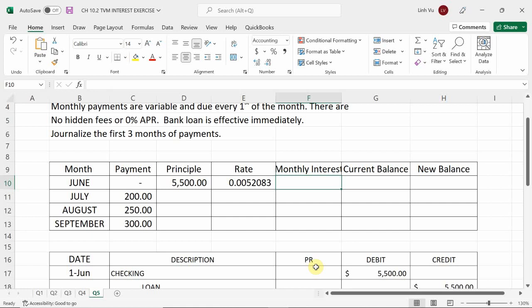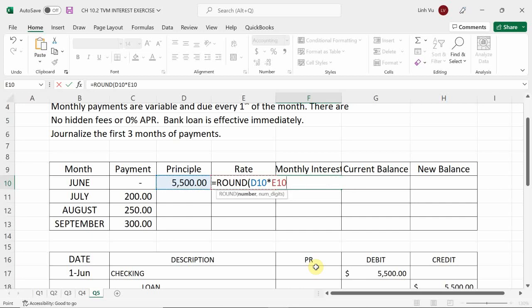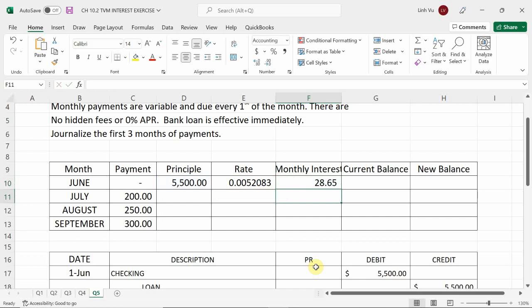How much interest would I be collecting for the month of July? Because again, I don't accrue for June, because I just got the loan. So what I'm doing right now is calculating what it's going to be for the month of July. 28.65. All you got to do is calculate the principal times the rate. So in this case, 5,500 multiplied by 0.005 gives me $28.65.